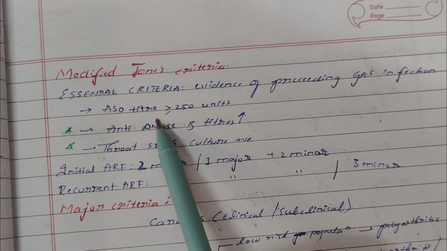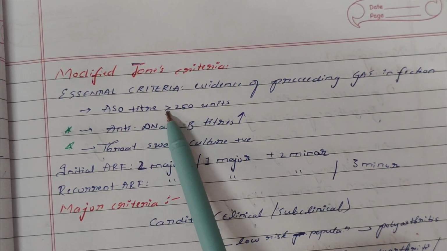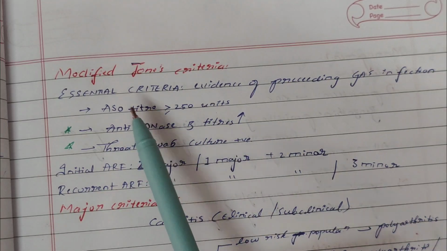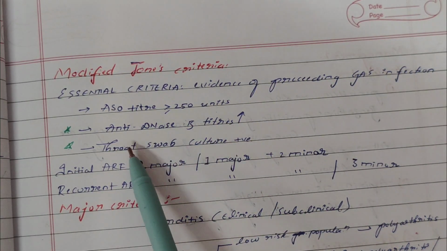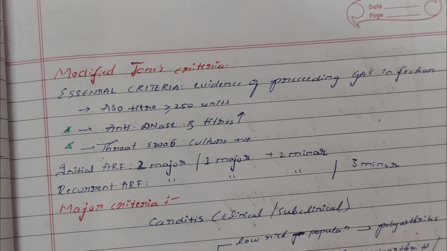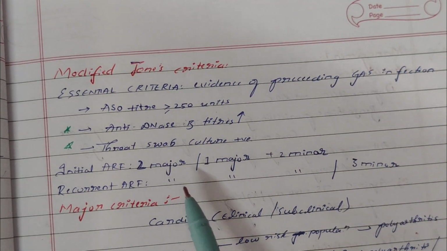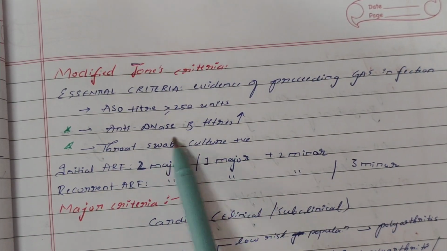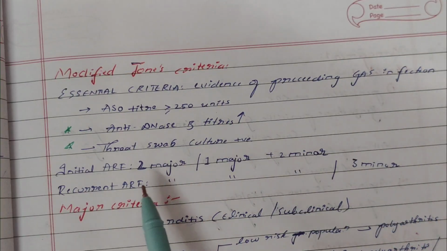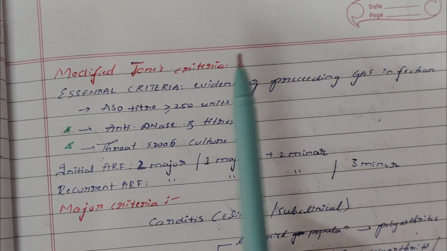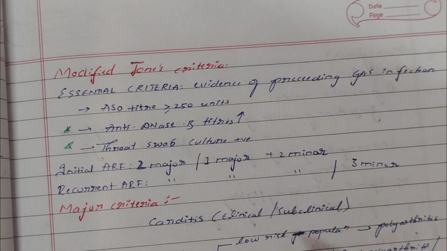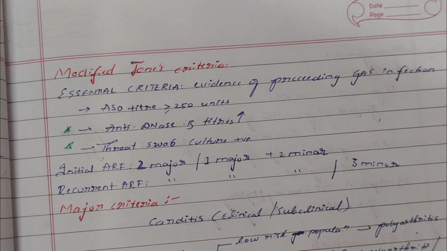If you take ASO titer in that person, it will be more than or equal to 250 units, and anti-DNase B titer will be raised, and the throat swab culture will be positive. As I have said, there's the Jones criteria, with major criteria and minor criteria.